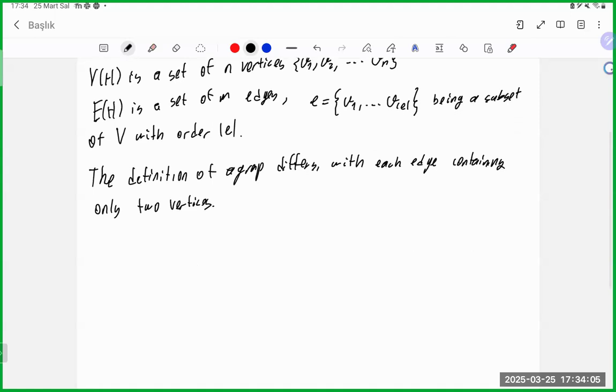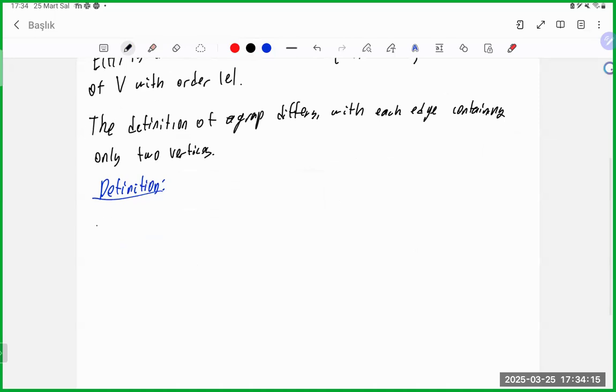Then I will define a contextuality scenario. The only difference between a contextuality scenario and a hypergraph is that the union of the elements of all edges must give the set of all vertices.